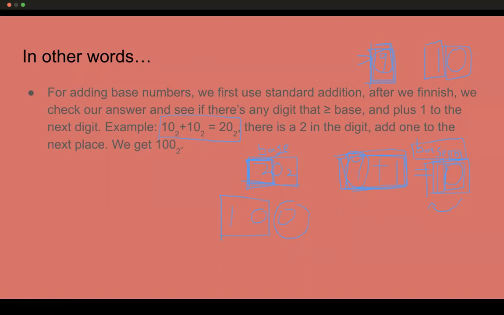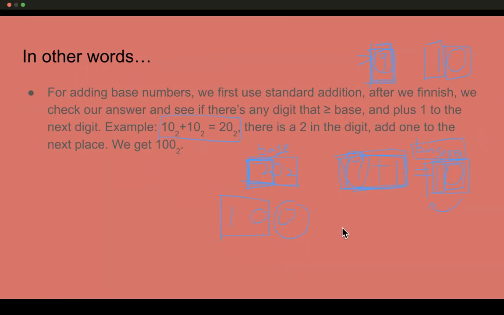It becomes 1 unit larger, just like how 9 plus 1 is 10. 1 plus 1 in base 2 is also 10. Thus, we go from 10 plus 10 to 100 in base 2.